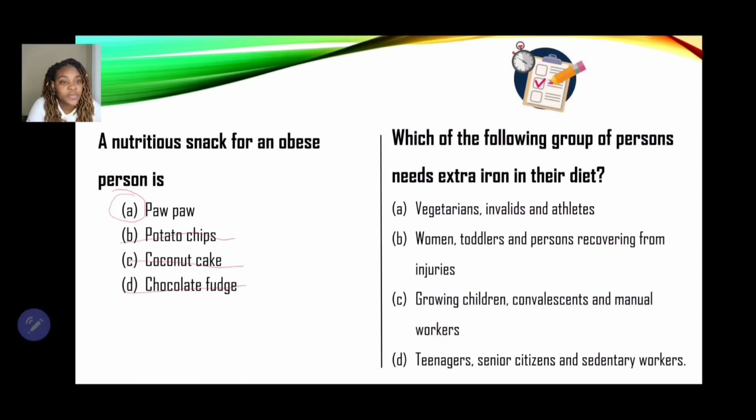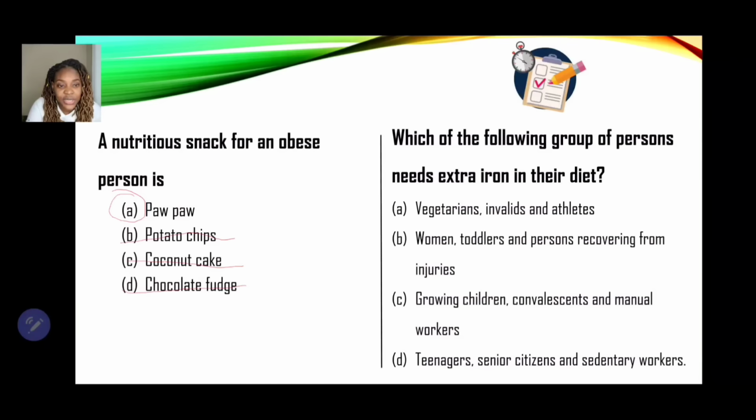Next question. Which of the following groups of persons need extra iron in their diets? A, vegetarians, invalids, and athletes. B, women, toddlers, and persons recovering from injuries. C, growing children, convalescents, and manual workers.